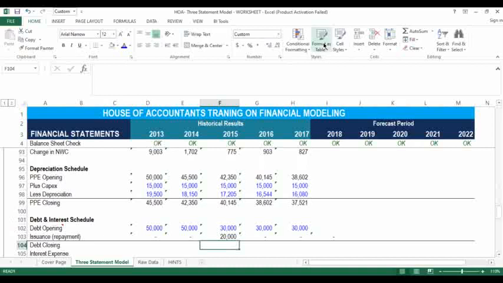Someone is asking a question: Sir, is the statement of changes in equity not required in financial modeling? It's not. If you look at what we are doing, it is three financial statement modeling. When you want to forecast, you don't actually need changes in equity, because that is just based on how you want to finance the organization, either through shares or through debt.